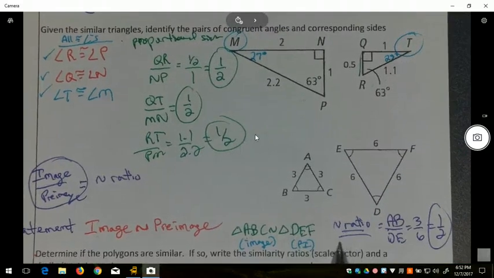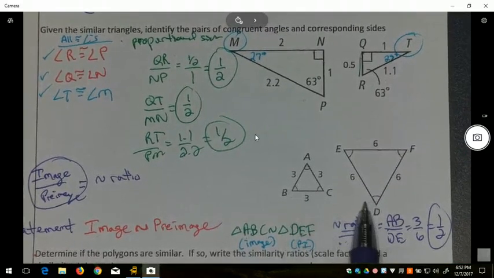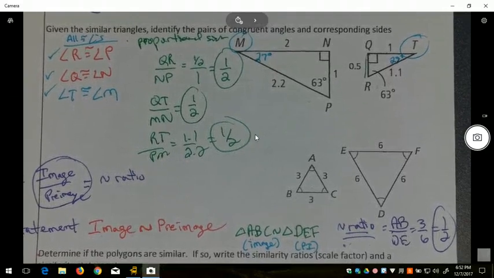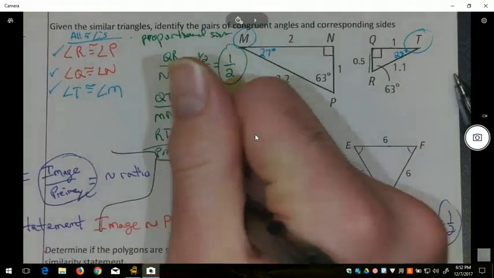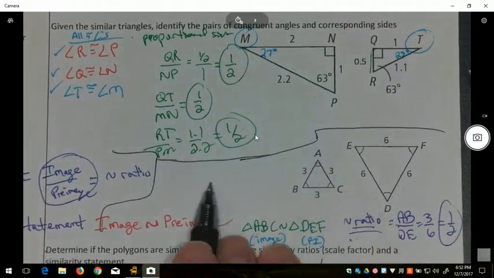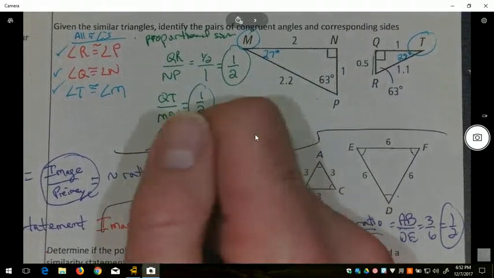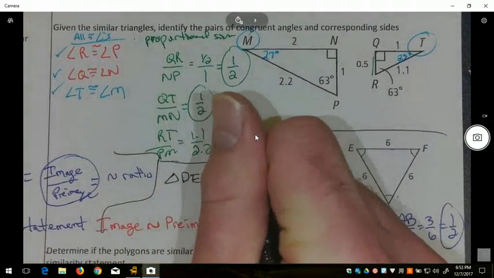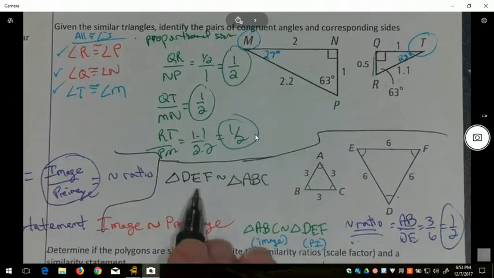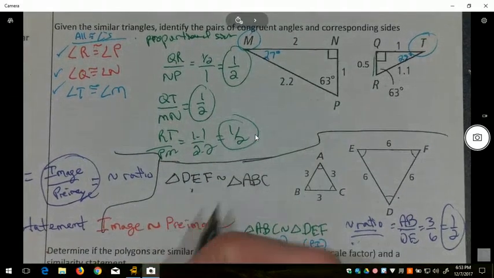So the similarity ratio, or scale factor, for these triangles is 1/2. Now, a little bit different, but same idea, if I were to have a statement written that DEF is similar to triangle ABC, then DEF would be the image.